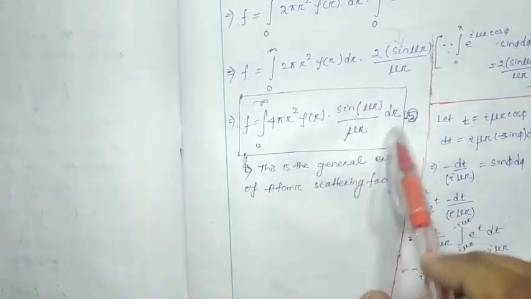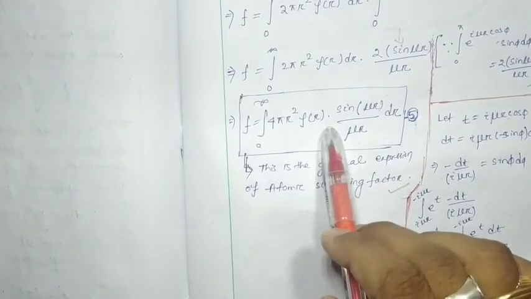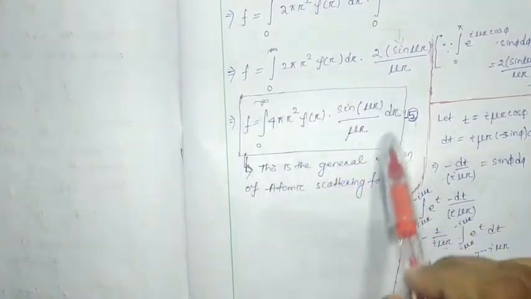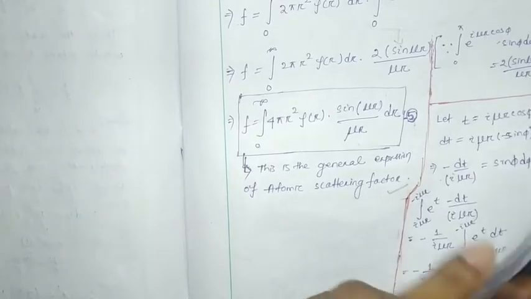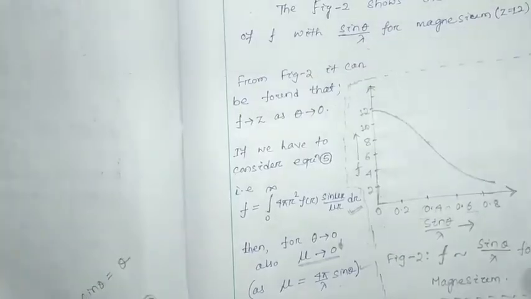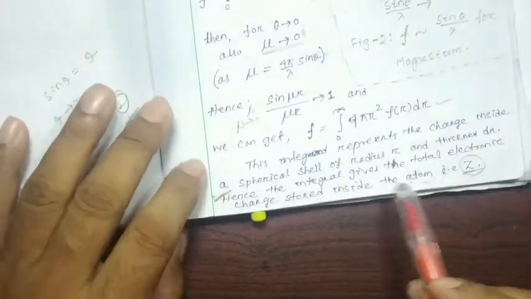The atomic scattering factor of an atom, we found, has this final, or general, expression. With an example, we found that the atomic scattering factor will be equal to the atomic number.